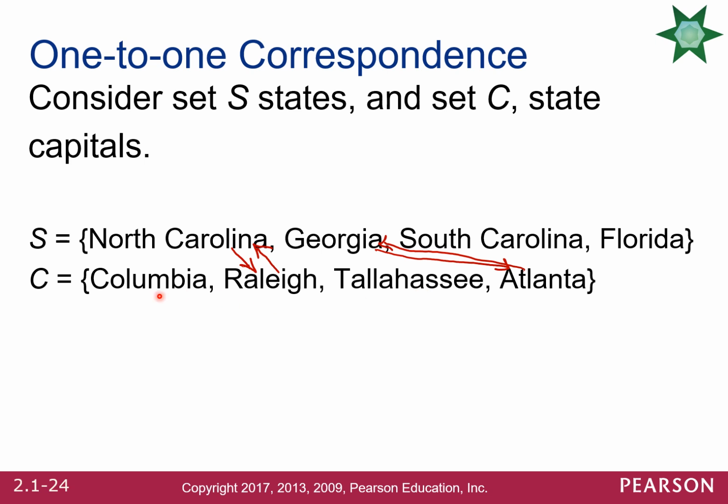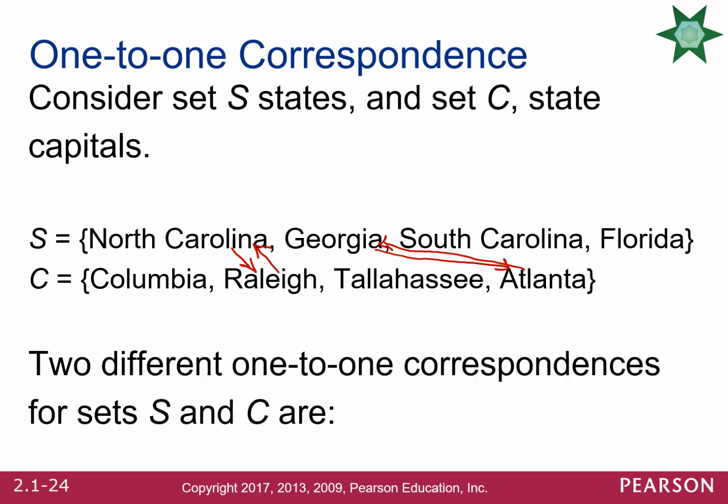So these are all one-to-one correspondences where one element in set S maps with one element in set C and vice versa. Right? So the two different one-to-one correspondences for sets S and C are... let's go on to the next slide to see what they are.